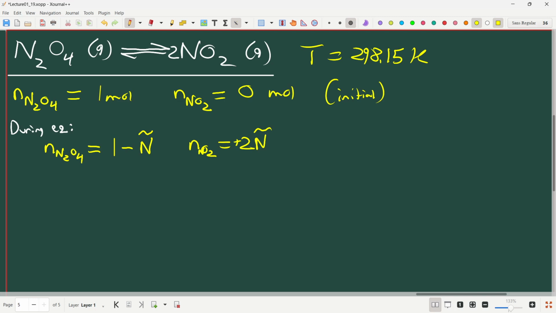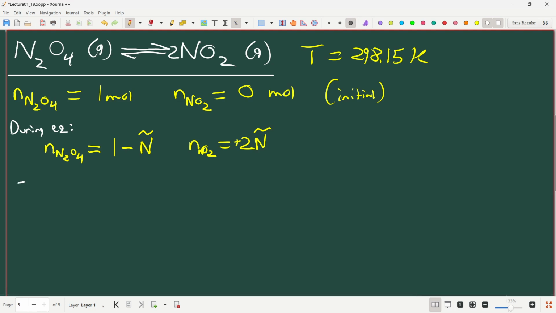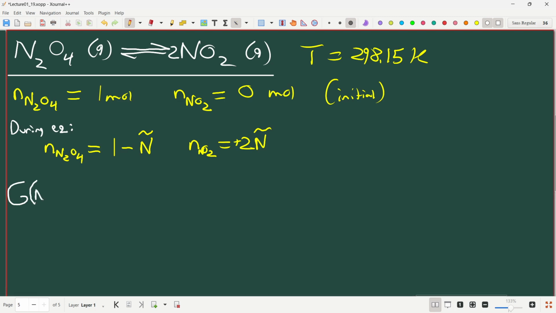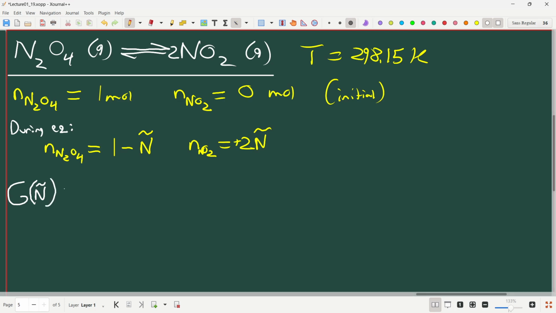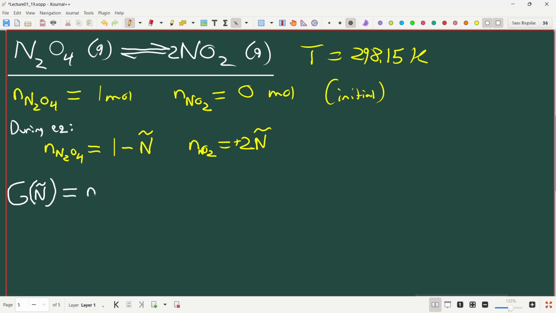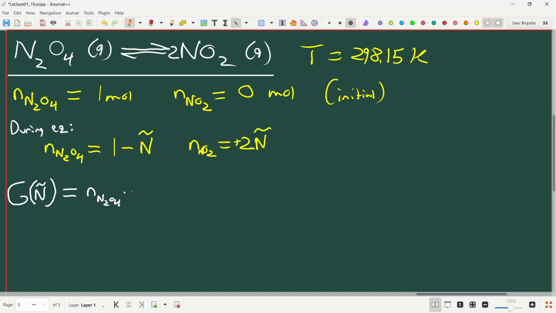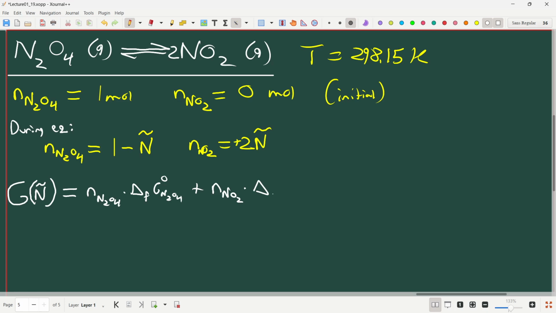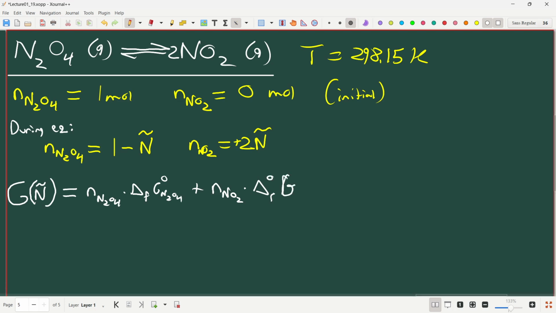So how can we write the Gibbs energy of this system? Right, so I want to write the Gibbs energy as a function of our variable, which is n, our little n tilde, our extent of reaction. Right, and what's that going to be? Well, it's going to be the moles of N2O4 times the Gibbs energy of formation of N2O4 plus the Gibbs energy of formation of NO2 times the number of moles.